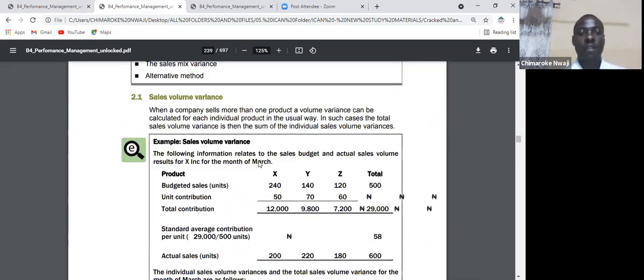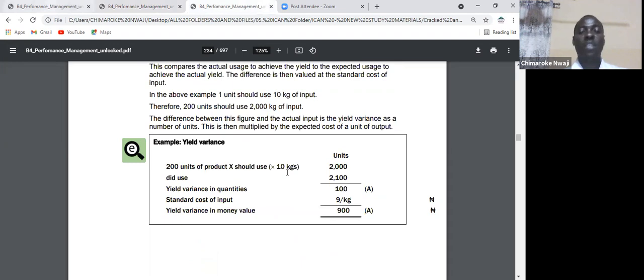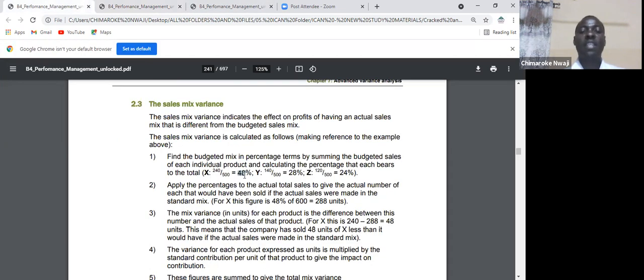It means that if we are doing 500 units total, and you want to take 240 for X, what is the percentage of X to the total? 240 divided by 500 is as good as saying 24/50, or 48/100, which is 48%.